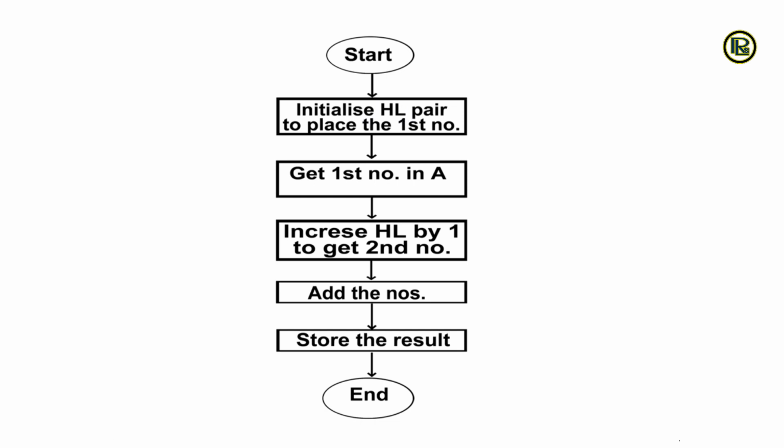First we initialize the HL pair to point to the first number. Then we get the number in register A. Then we increase the HL pair address by 1 to get the second number. After getting the second number, we add the numbers. Finally, we store the result and end the program.